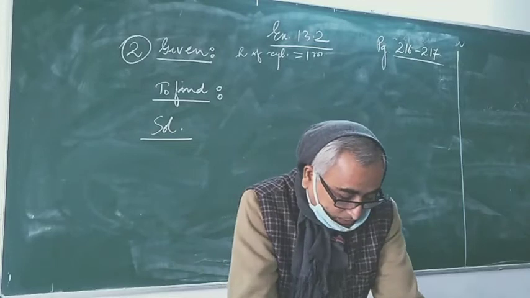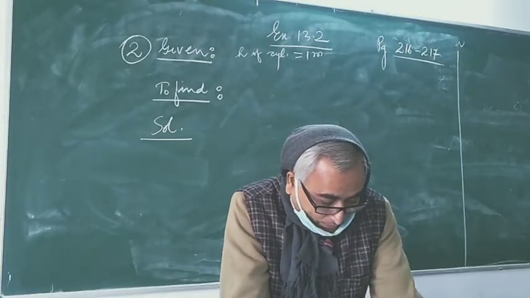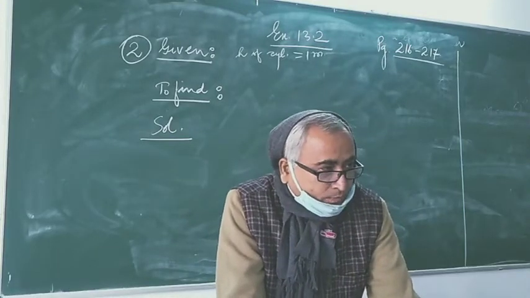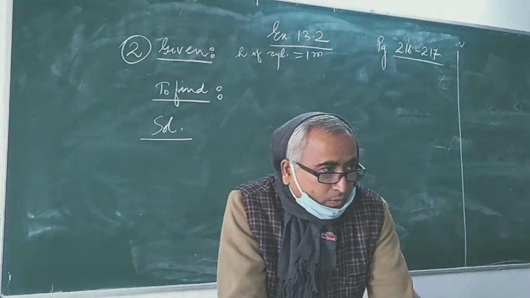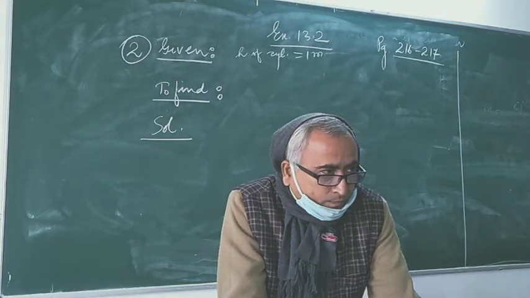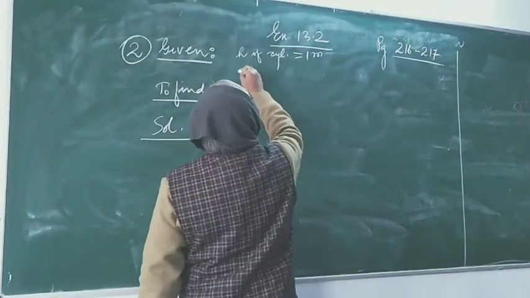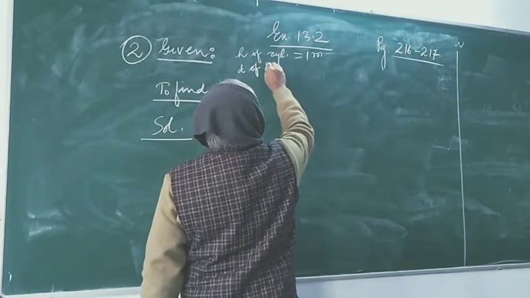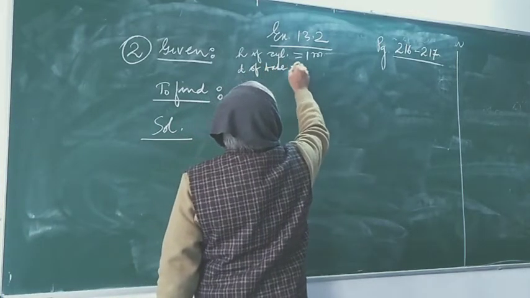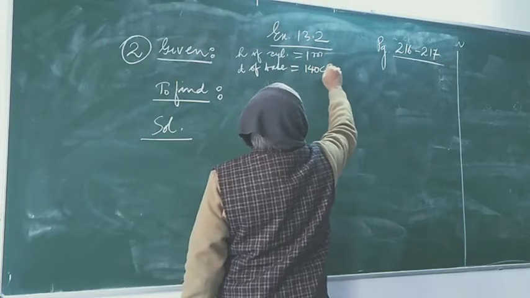One more piece of information is there: base diameter 140 centimeter. Base diameter means what type of base is it? Circular, and the diameter is given as 140, meaning the value of d of the base is given as 140 centimeter.